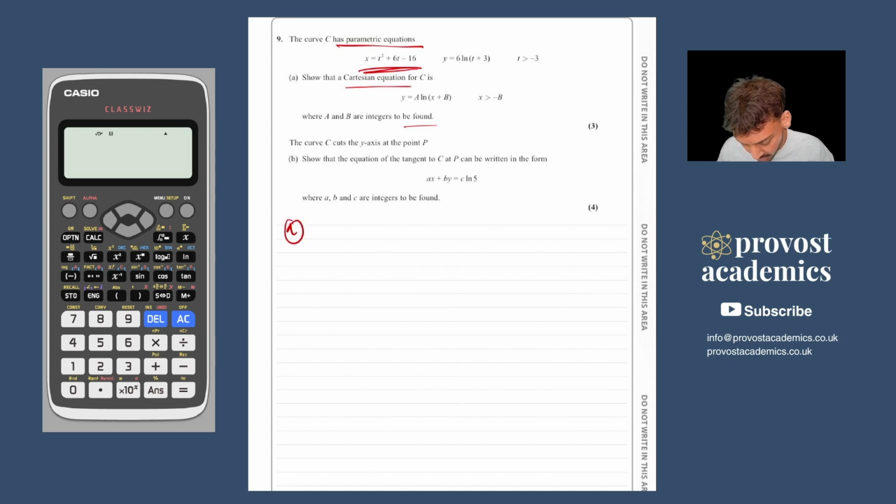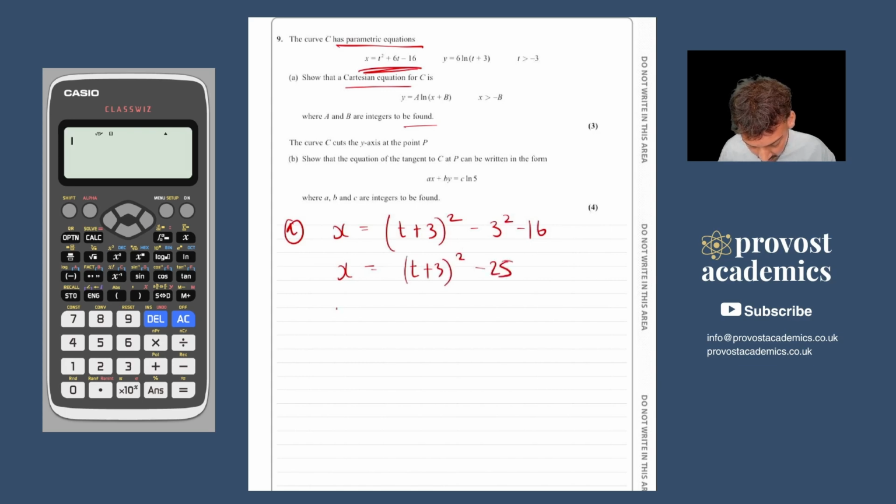So that's exactly what I'm going to do. I'm going to say x equals t plus 3 whole squared minus 3 squared minus 16, and that will give me x equals t plus 3 whole squared minus 25. So therefore t plus 3 is going to be equal to the square root of x plus 25.